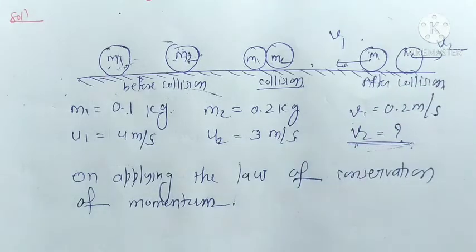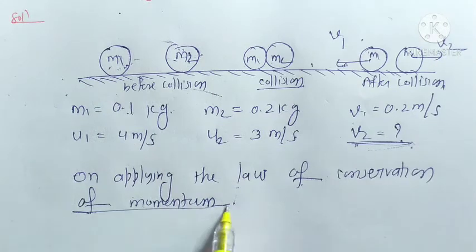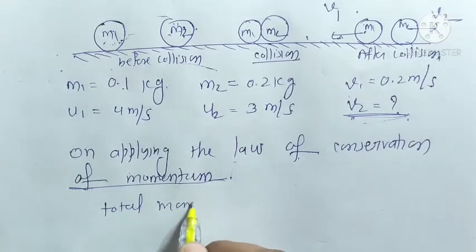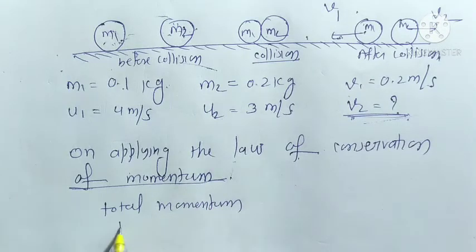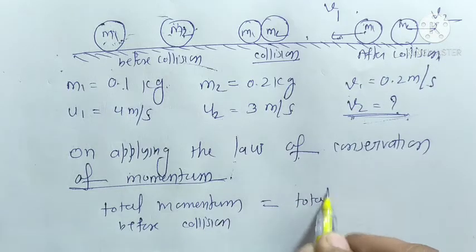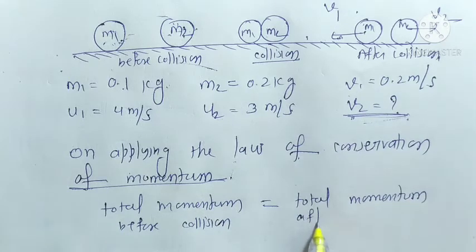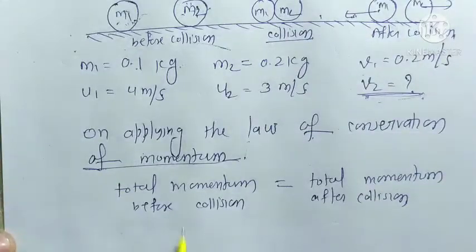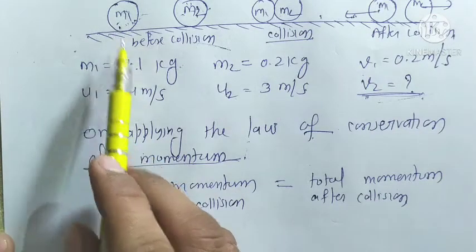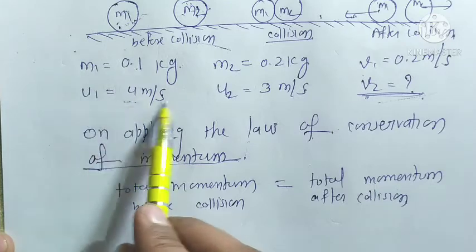So the total momentum before collision must be equal to the total momentum after collision.